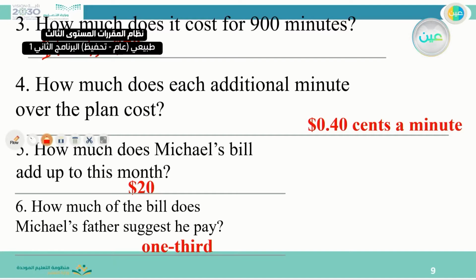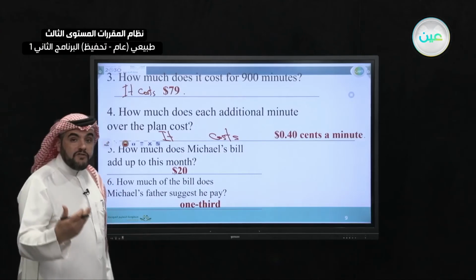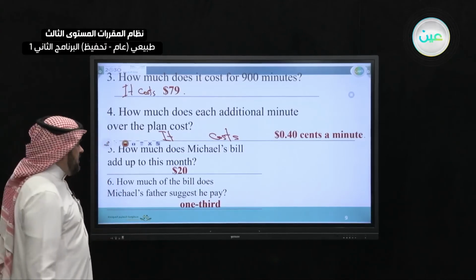We start with a capital letter and we end the sentence with a full stop. Never forget that. How much does each additional minute over the plan cost? We can say here it costs 40 cents for a minute, and never forget the full stop also. Because this is very important later on when you write a paragraph or when you write an essay.